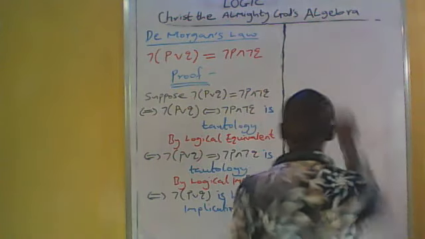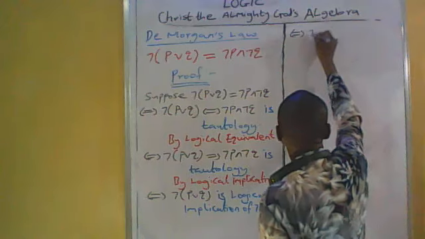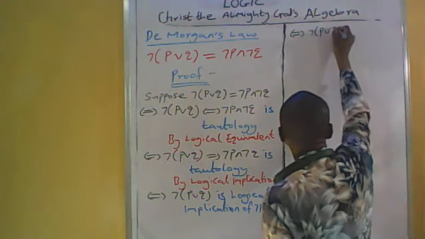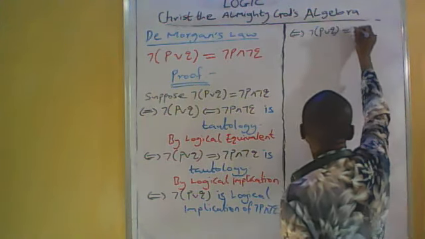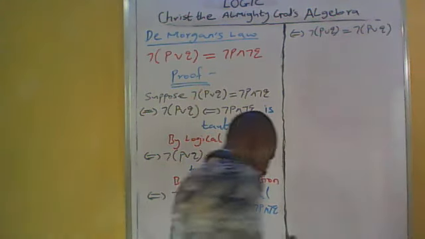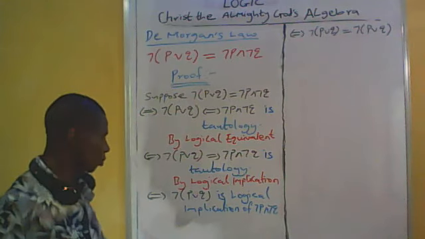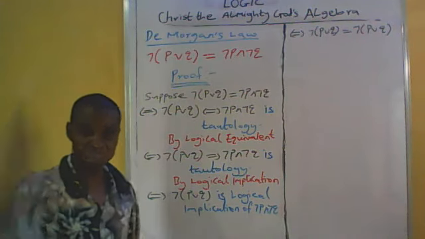So if and only if not bracket P or Q is equal to not bracket P or Q. That means if this is the logical implication, it's also true that it is equal to itself.